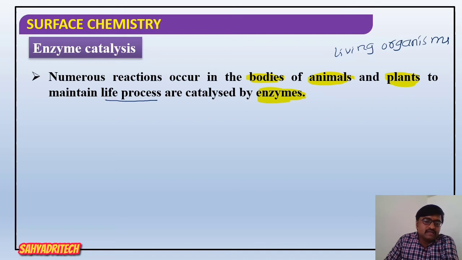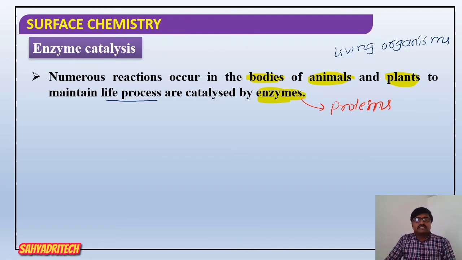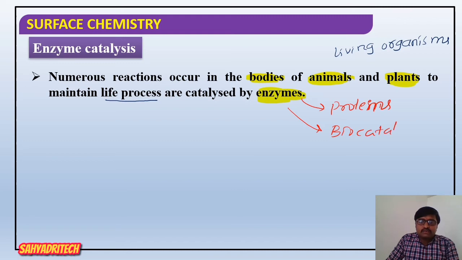So basically, what you remember about an enzyme is that enzymes are proteins which catalyze various biochemical reactions, hence they are also called biocatalysts. The reactions which occur in the bodies of animals and plants to maintain life processes are catalyzed by proteinaceous substances called enzymes, and that process is called enzyme catalysis.